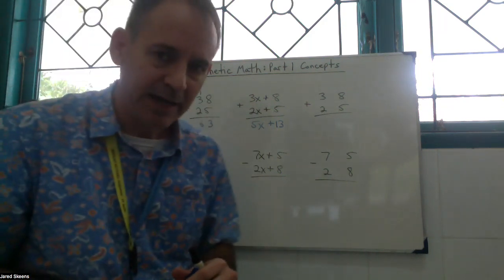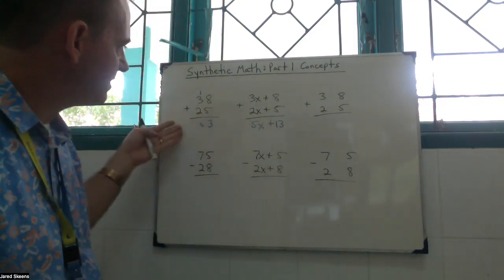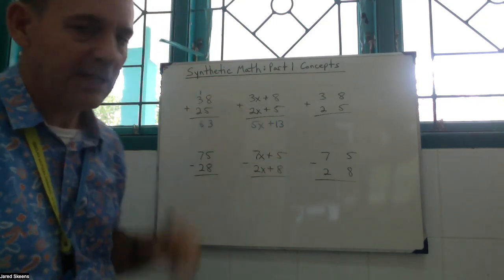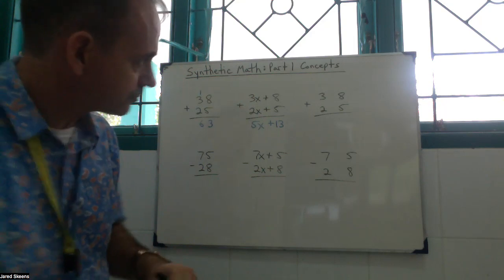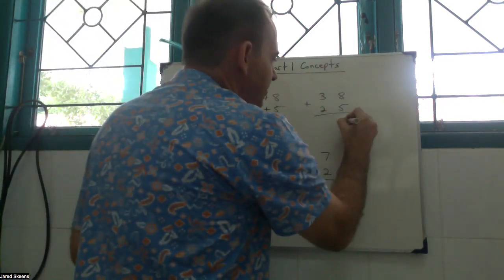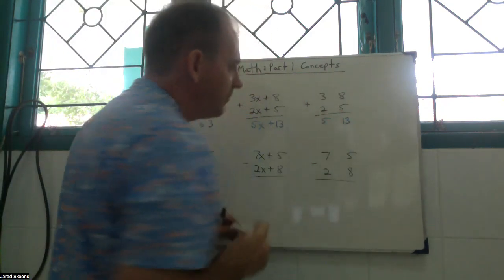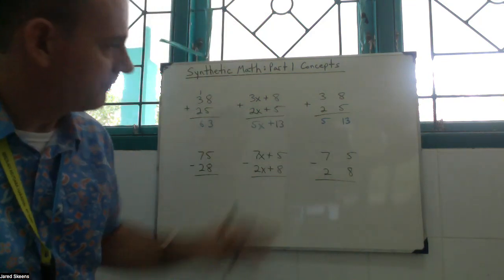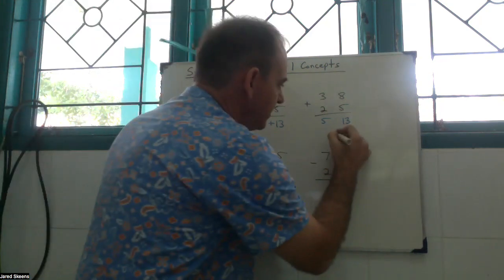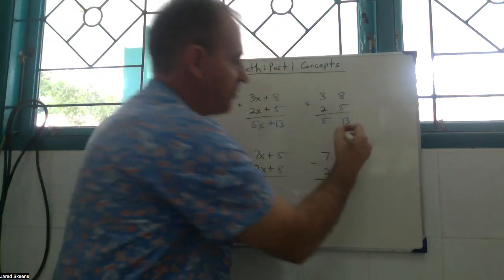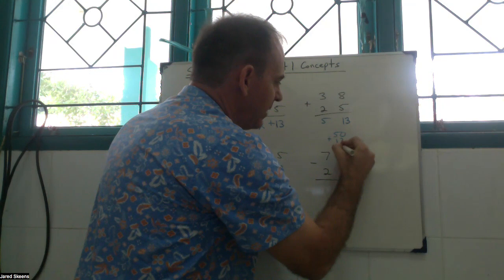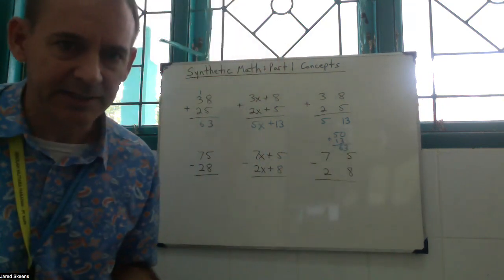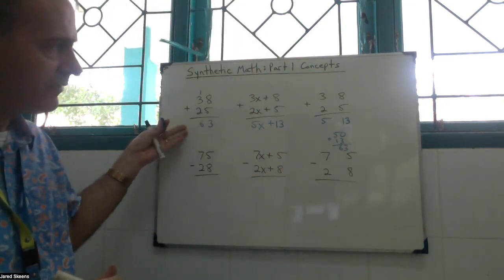So synthetic math is taking the basic math platform, but following the algebraic rules. So we go 8 and 5 is 13, 3 and 2 is 5, and you say, well, how is that the same as 63? Well, we have 5 tens, so that's a 50, and 13 ones, and so that adds up to 63. Okay, so it's the same value.